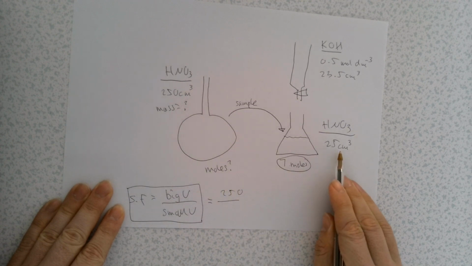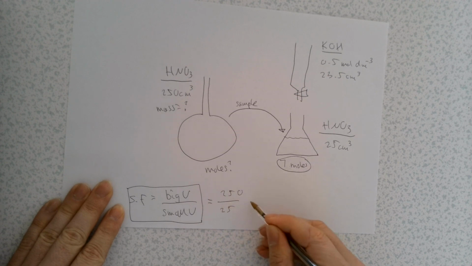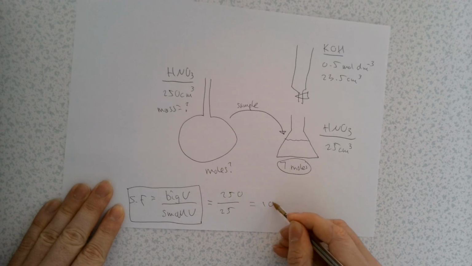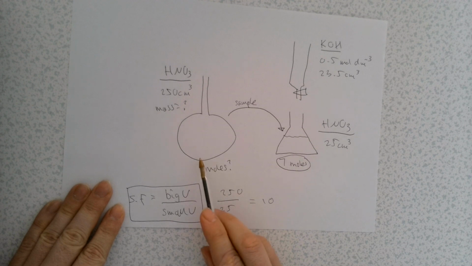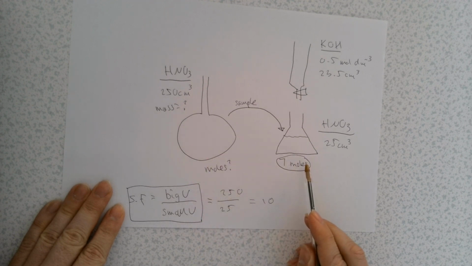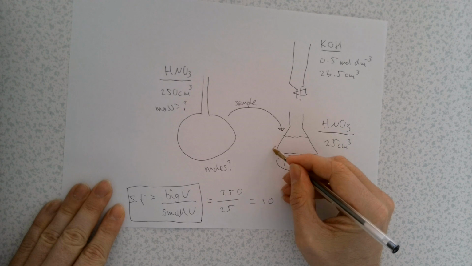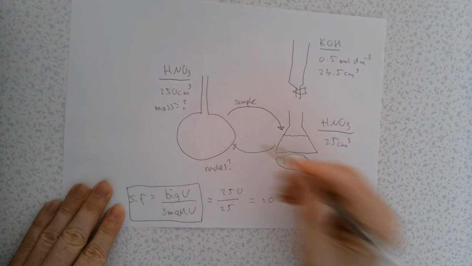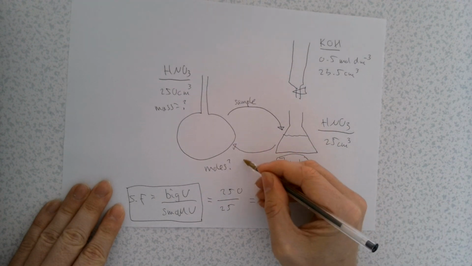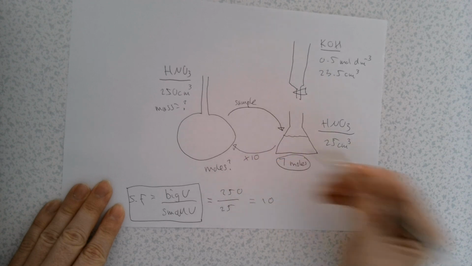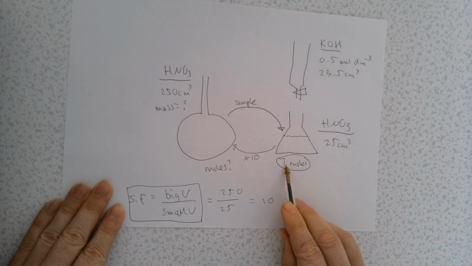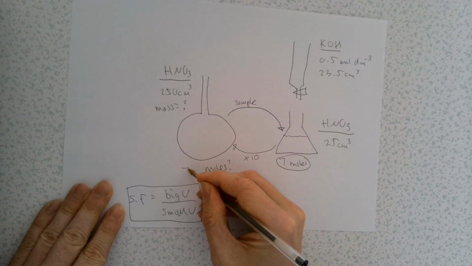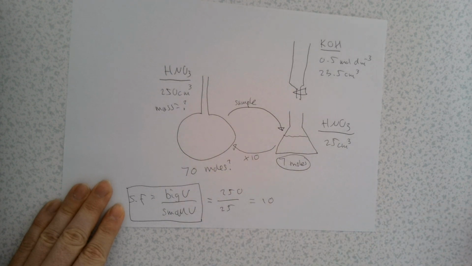My small volume was 25. 250 over 25 equals 10. That tells me there was 10 times more stuff in the big thing than the small thing. So if I want to go from my conical flask to my volumetric flask, I would need to multiply by the sample factor, which in this case is 10. So I would do 7 times 10, which gives me 70 moles in here.